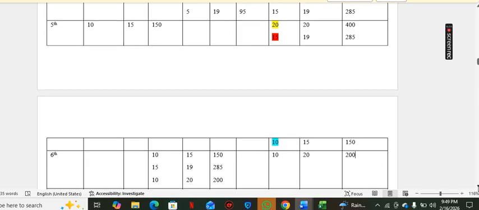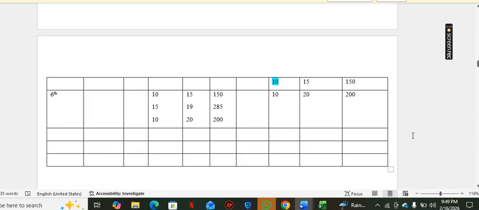So the value of the closing inventory is this amount here. Closing inventory. This is the inventory we remain with at the end of the year. Closing inventory 200.